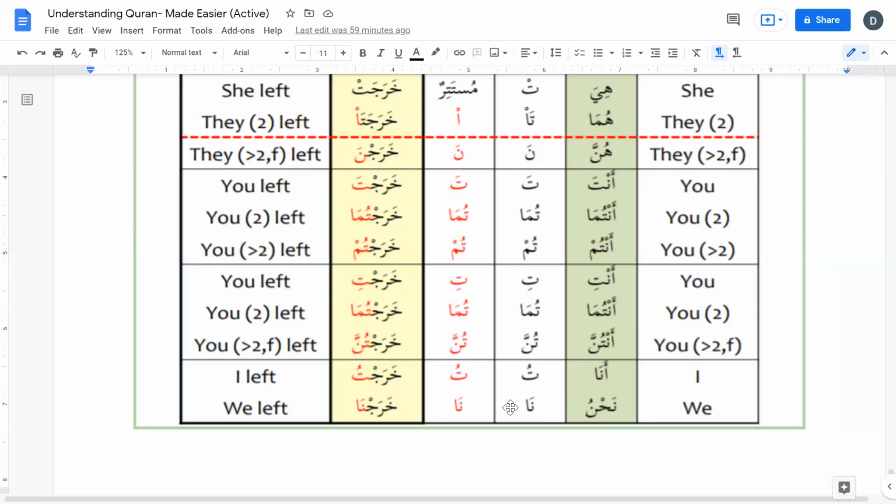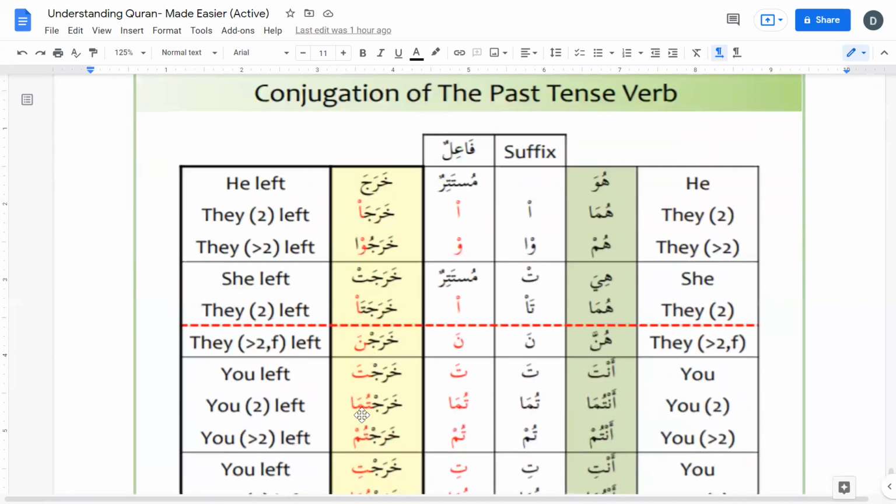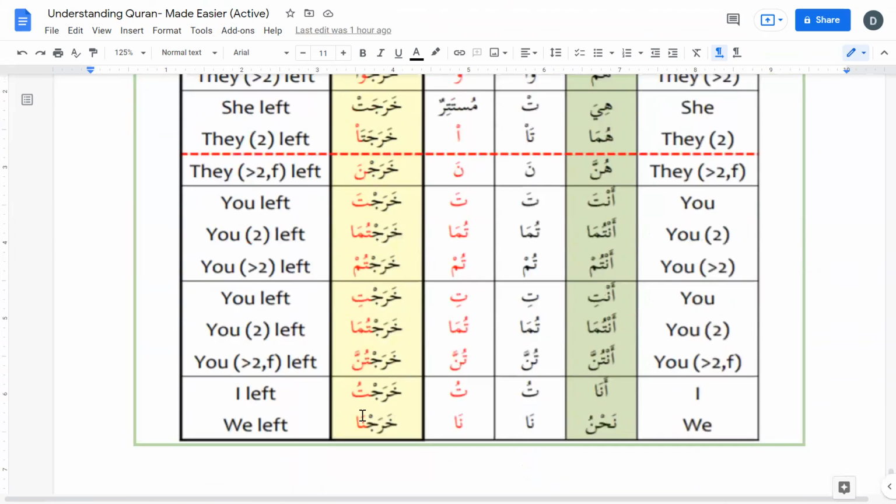So for ana, fi'l madi ending is tu, kharajtu, and for nahnu, it's na. Kharajna, we left. So ana kharajtu, nahnu kharajna. Okay, so this was the conjugation of the past tense.